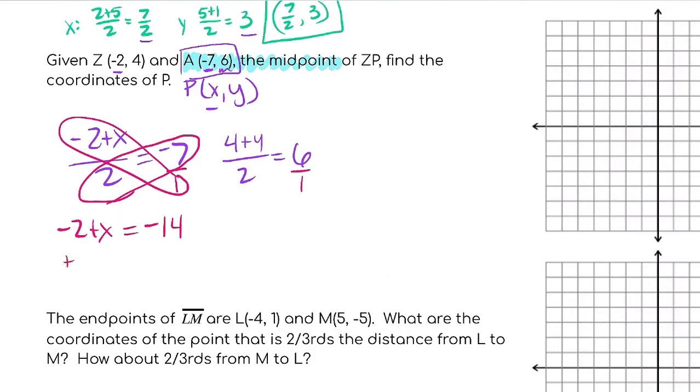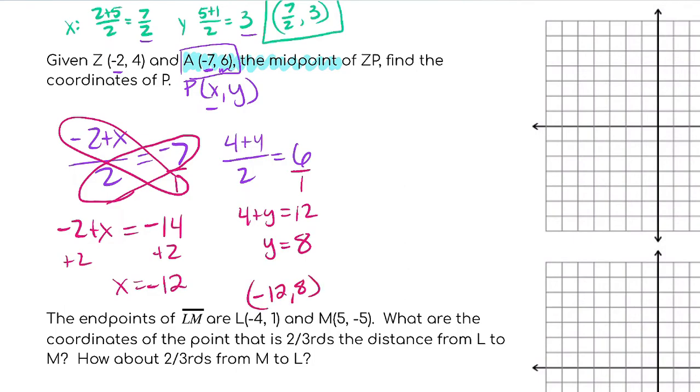And then we would solve by adding 2 and get -12 for our x value. And then for the y value, cross multiplying again, we would get 4 plus y equals 12. Subtract the 4, and y is 8. So that gives us our x and our y for our point P. So this is algebraically how you would do this.